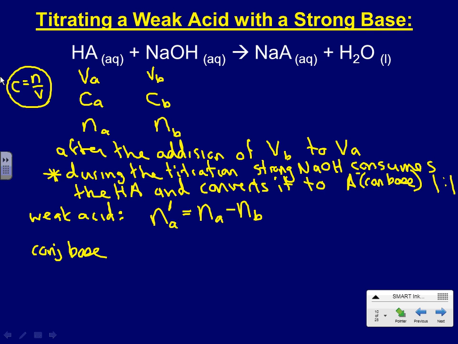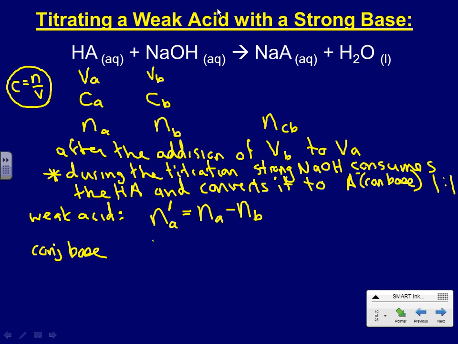The conjugate base is over here, this guy, N conjugate base. After the acid has been consumed by the base, it's going to convert it into the conjugate base. So the moles of acid here, after it is consumed by the base, will become moles of conjugate base afterwards.